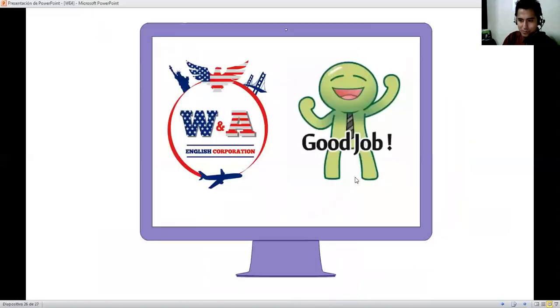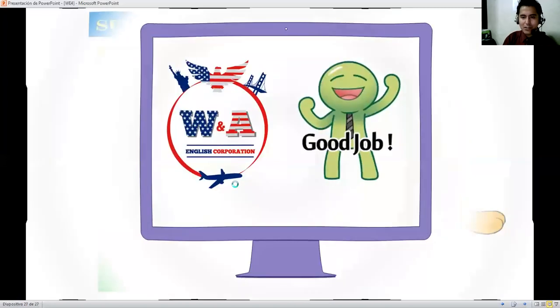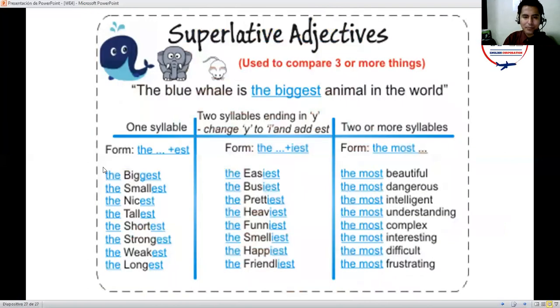And that was all for this session, but we are going to have a quick review. Something that we have to remember is that superlative adjectives are used to compare three or more things, a group of things. For example, in a group of animals, fruits, vegetables, or people, we can mention the characteristics that are the best or the worst.